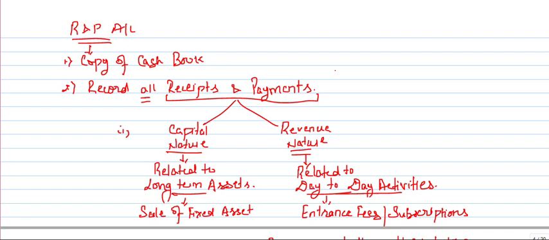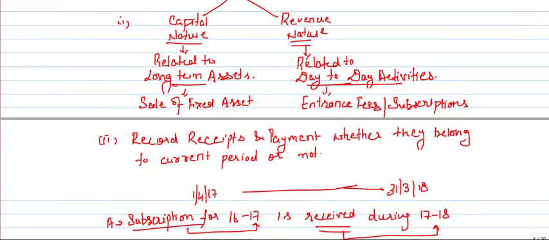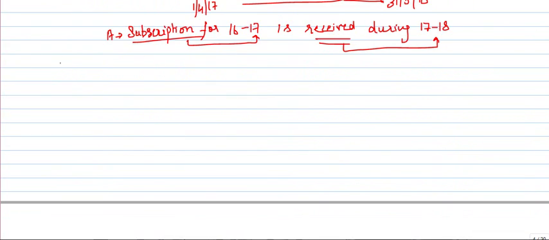Now, one more thing. When we say that it is a copy of a cash book, right? Here the cash means two things. That is cash in hand, right?